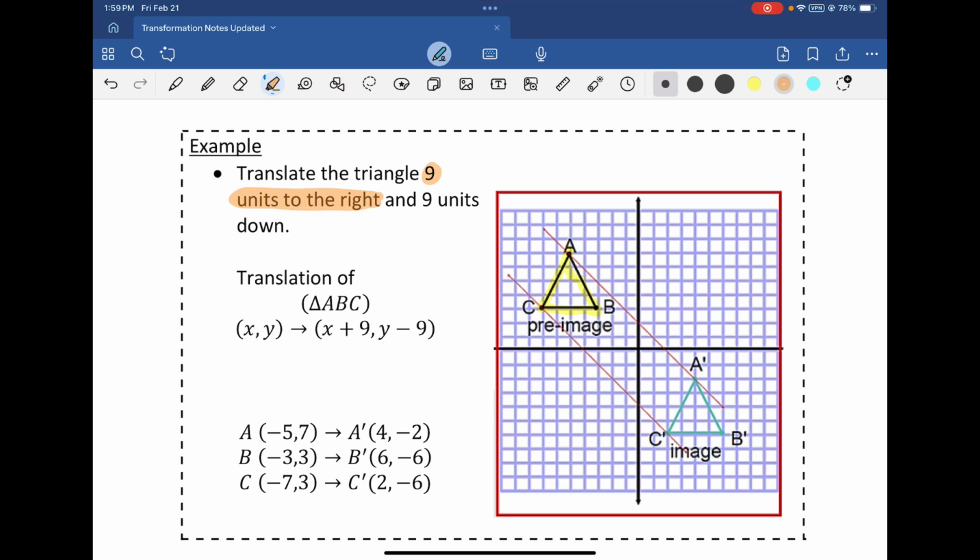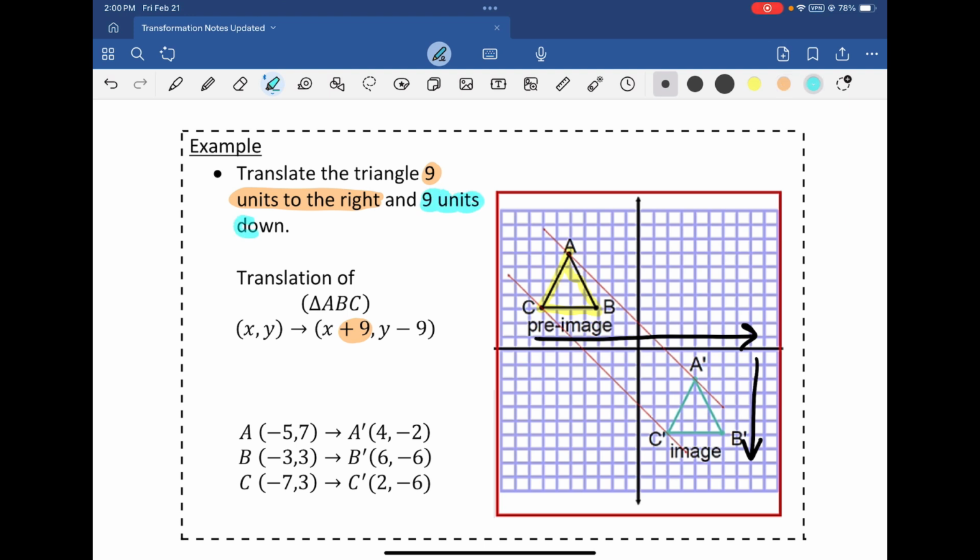If we look at the rule right down here where it says translation of triangle ABC, you can see that it was x + 9, meaning that we moved to the right because it was a positive. We moved to the right 9, and then we moved down 9, which is why we have the y there.